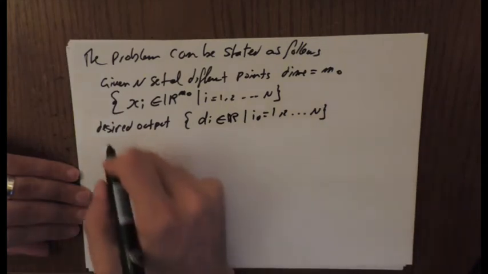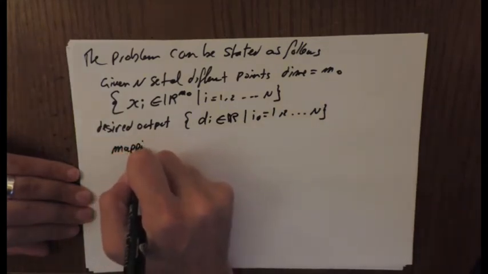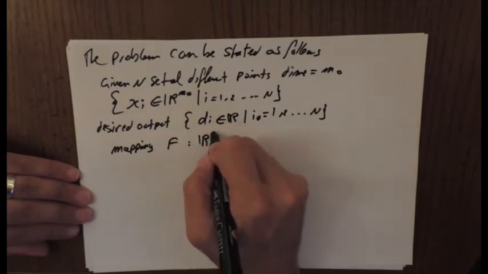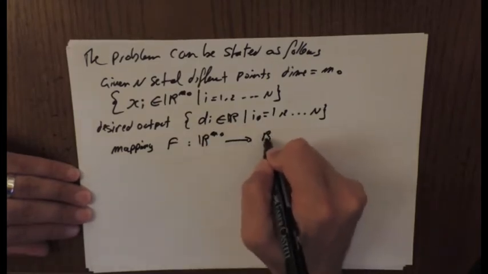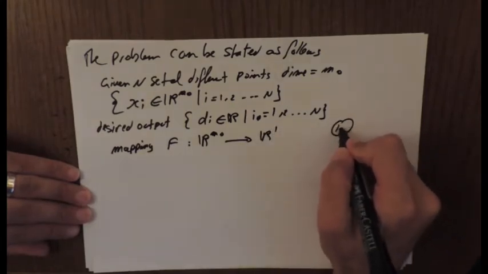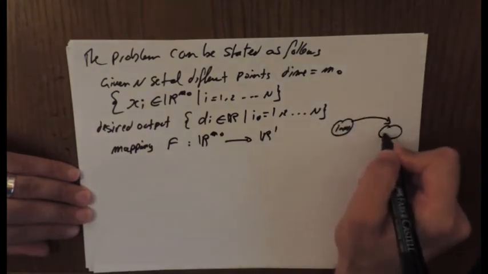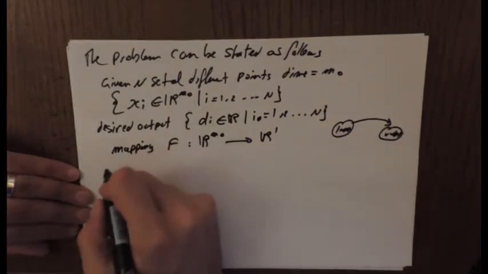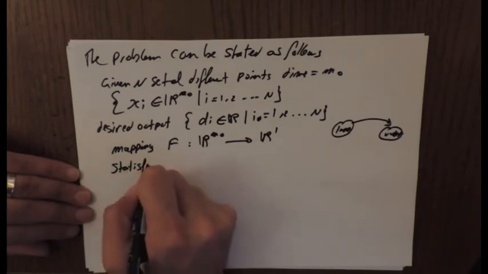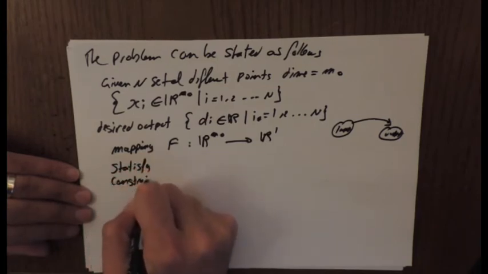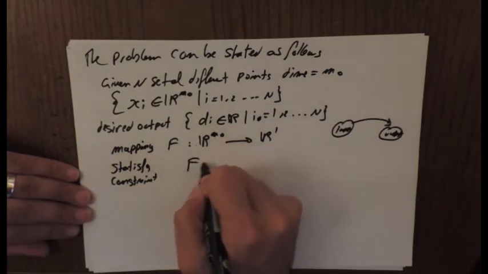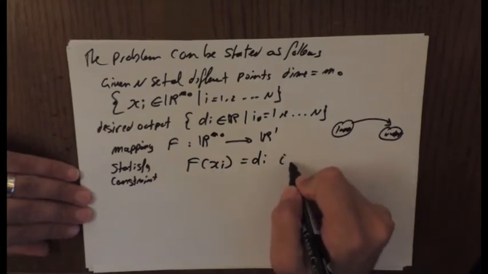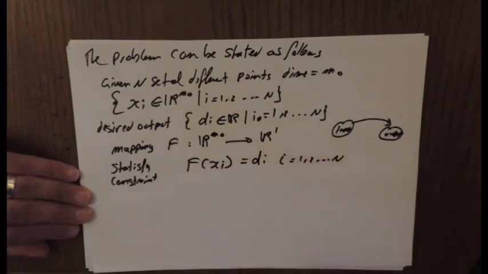So the problem can be seen as a mapping function f that takes me from R^m0 to R^1. Remember that we have input and output. However, it should satisfy the constraint f of xi equals di, for i equal 1 all the way to n.